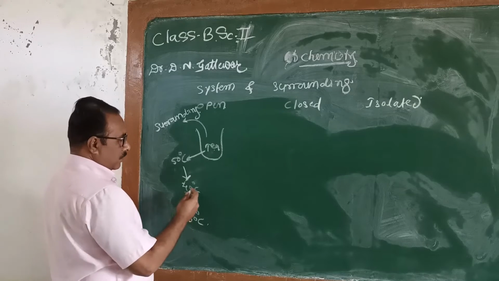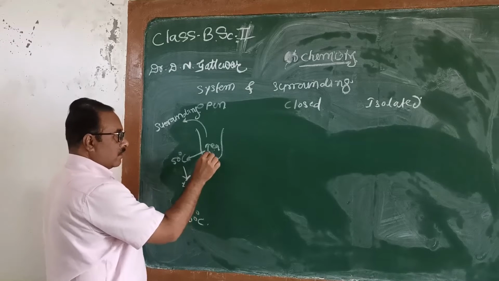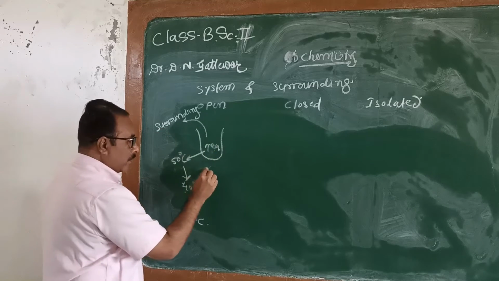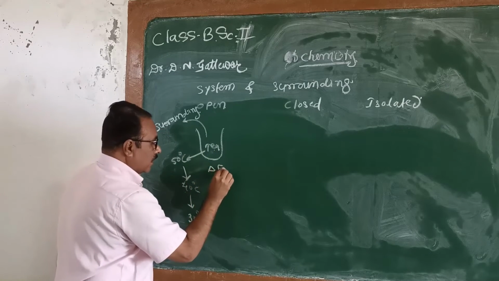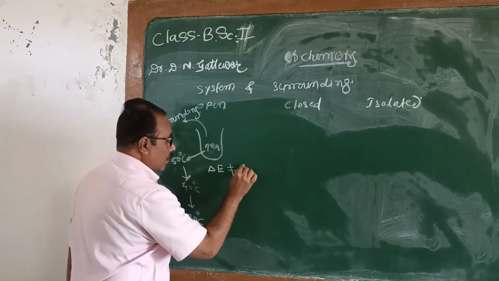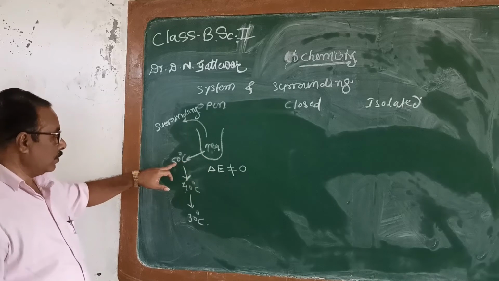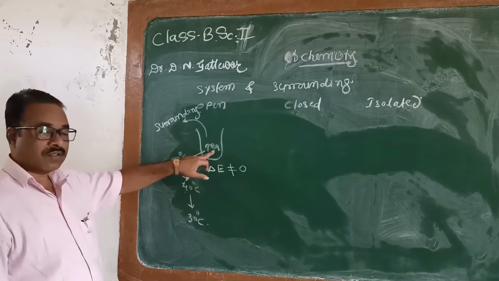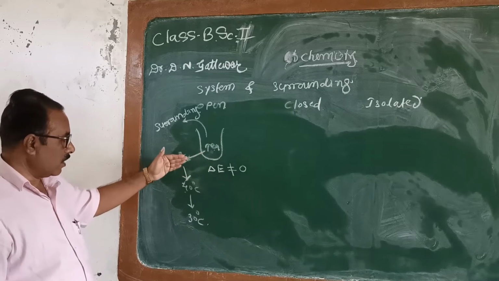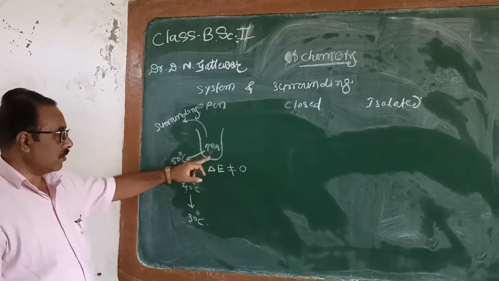Therefore, we can say the heat energy can be exchanged with the surrounding. Means the change in energy is not equal to zero, because there is a change in energy. First there was 50 degrees Celsius and the heat energy was something different, then as the temperature comes down, there is also a change in the heat energy.